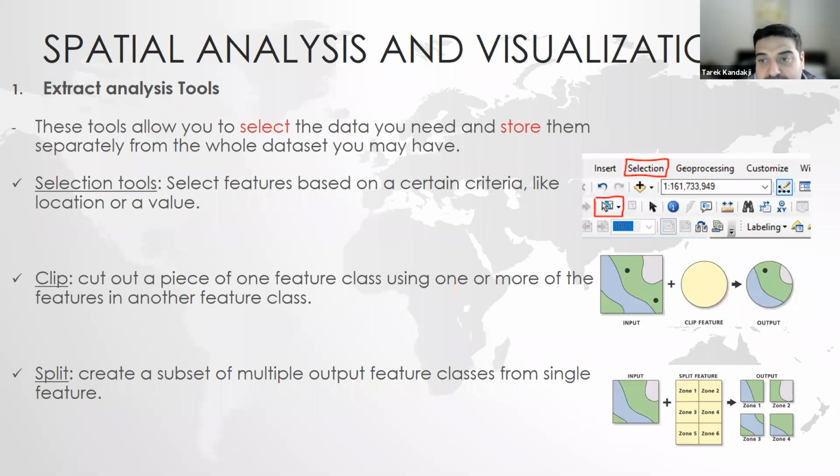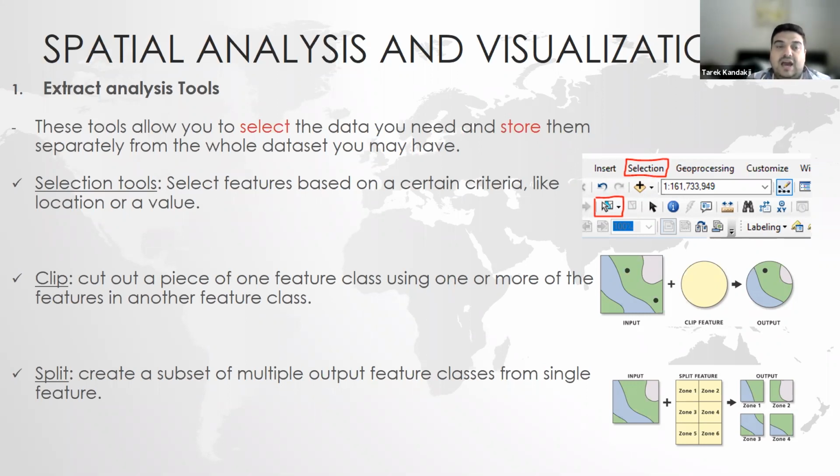Let's start with spatial analysis and visualization. As we said, GIS is not only about showing your data on a map. This is not the main purpose of GIS. As you remember, in the first lecture we talked about GIS functions. It contains editing, analyzing, and manipulating of your data.